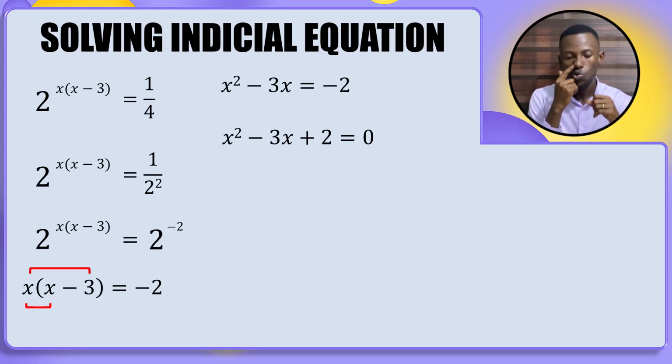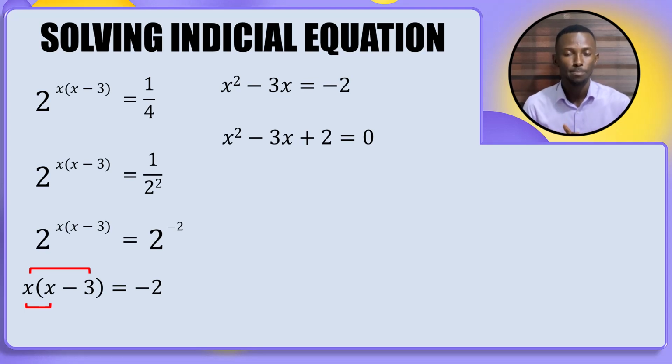So 1 times 2 is 2. I would have decided not to mention that step for you. Now we'll pick the constant, which is 2. We'll check the factors of 2 such that if you add them, you will get negative 3, which is the coefficient of x, and if you multiply them, you will get the constant, which is 2.